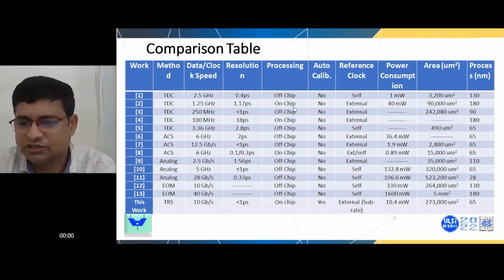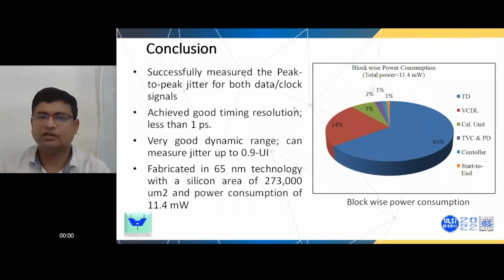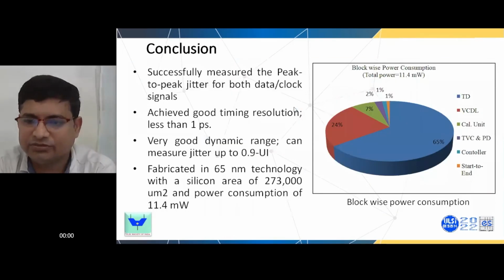Finally, the power consumption is 11.4 milliwatt, but some components we have not shown here, so that's why it's 10.4 milliwatt. And this is the area we are using, 73,000 micrometer square, in 65 nanometer process technology. Here we have shown the block-wise power consumption.